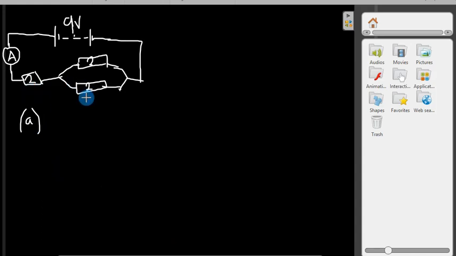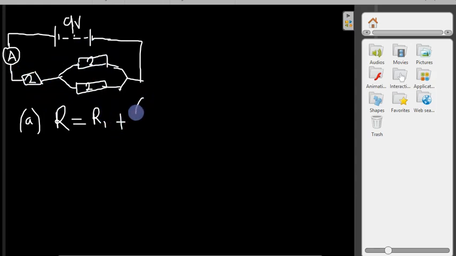So we are going to say total resistance is equal to, now let's call this resistor R1, this R2, and this R3. So it's going to be R1. Now R1 is in series with the total of these, so we are simply going to add it.